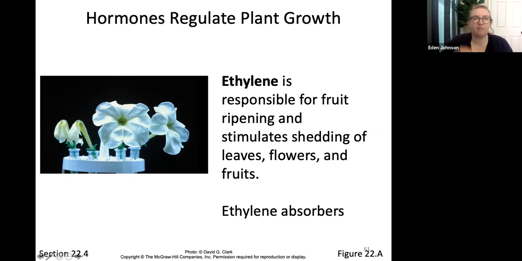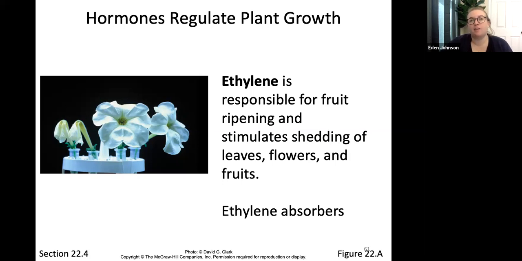So if you have, for instance, a bunch of flowers and they're just sort of wilting, it's because of ethylene. If you have a bunch of bananas and you see them just getting a little bit browner every single day, it's ethylene.